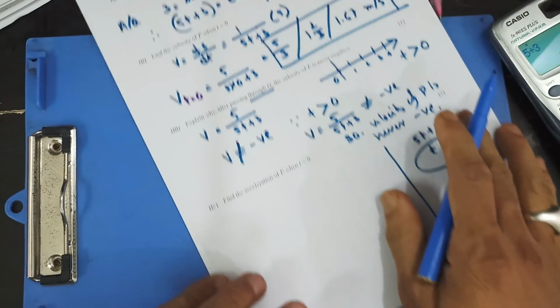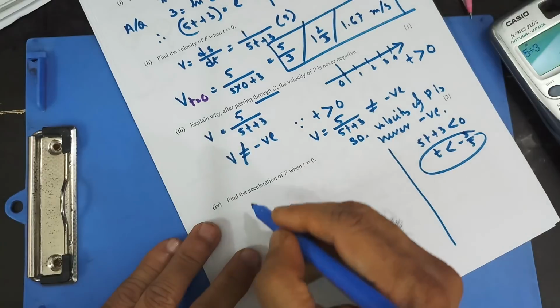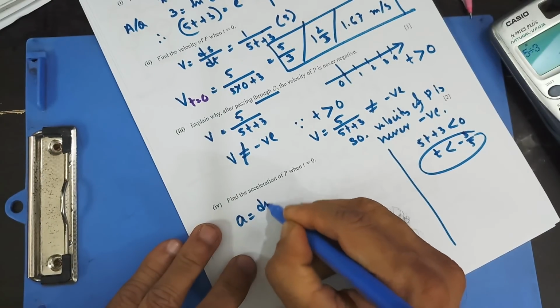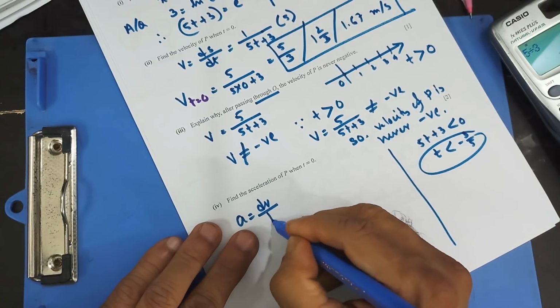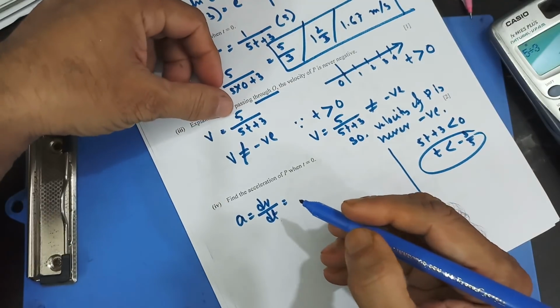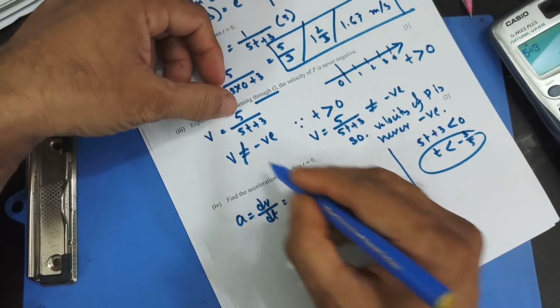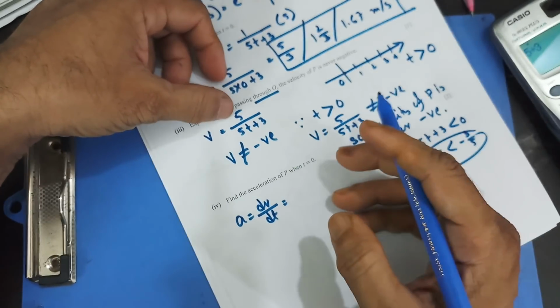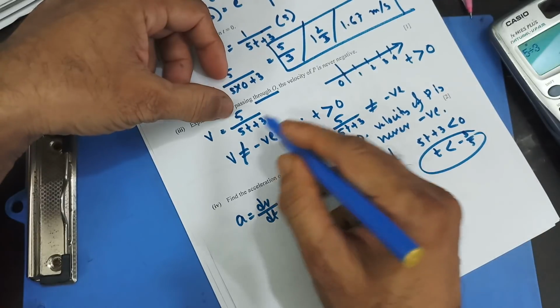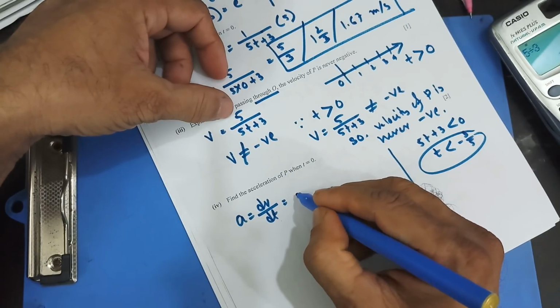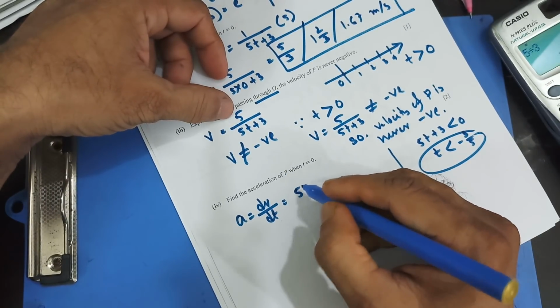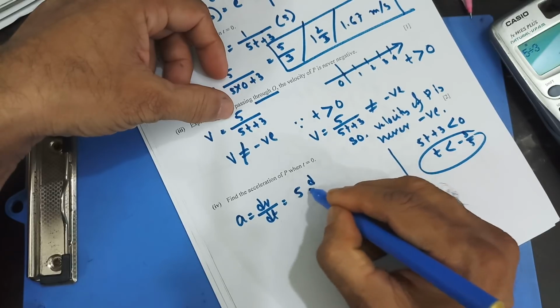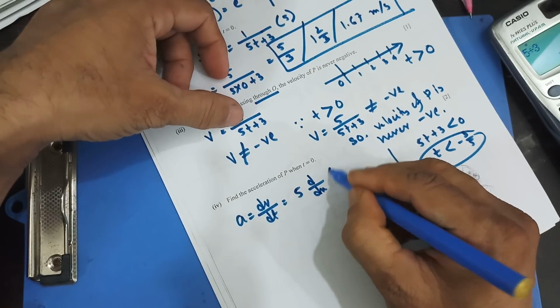Find the acceleration of P when t equals 0. So acceleration is dv/dt, and we had that. You can do it with the quotient rule or the product rule. Let's do it with the product rule.